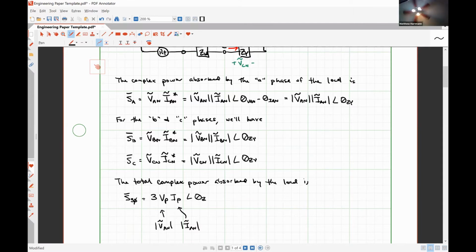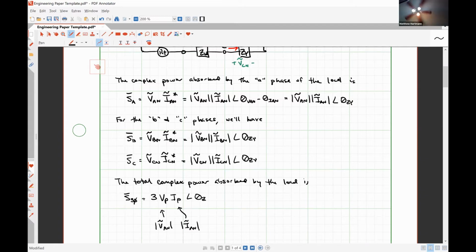So if we can find the complex power over any single phase, then we just multiply it by 3, and that's our power for all 3 phases. Should make perfect sense, because if they all have the same magnitudes of voltage and current, they should all be absorbing the exact same amount of power.